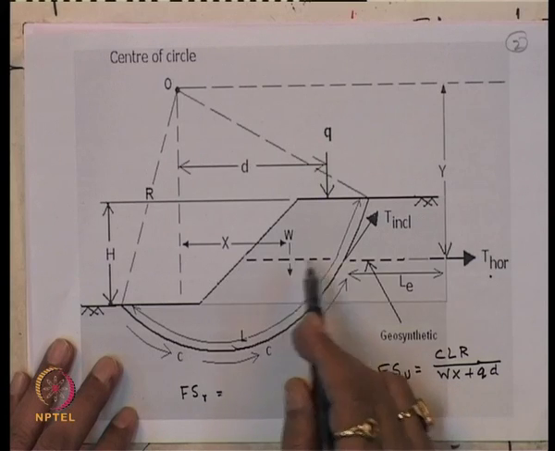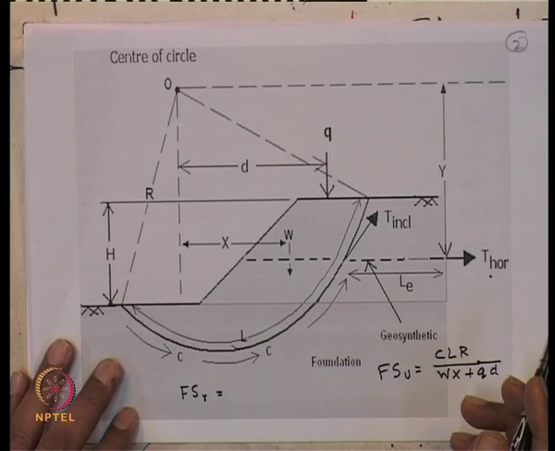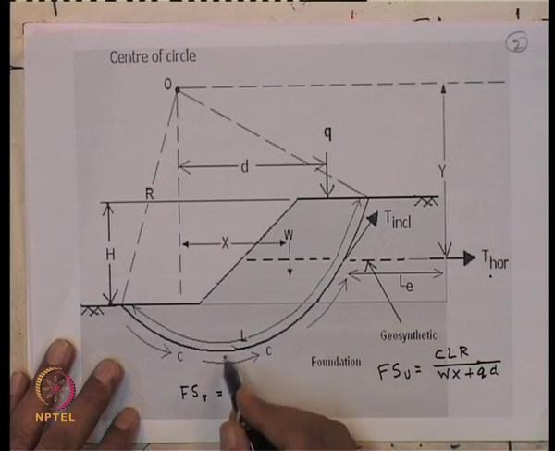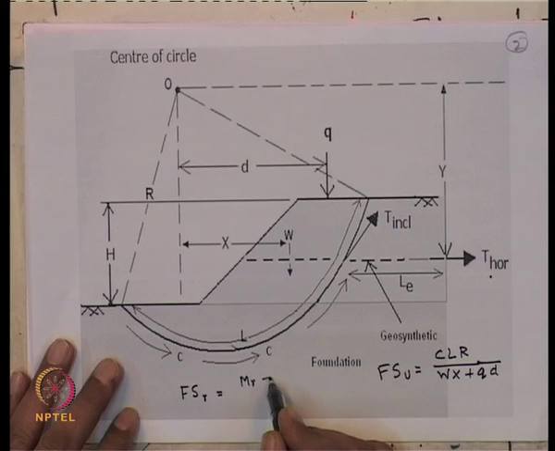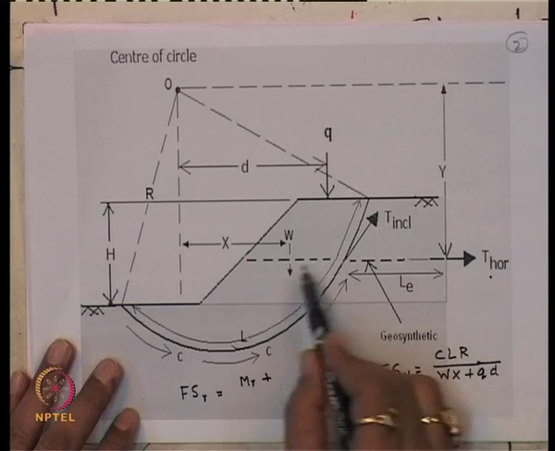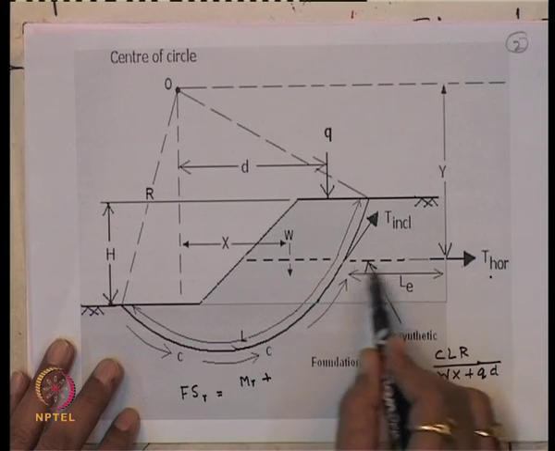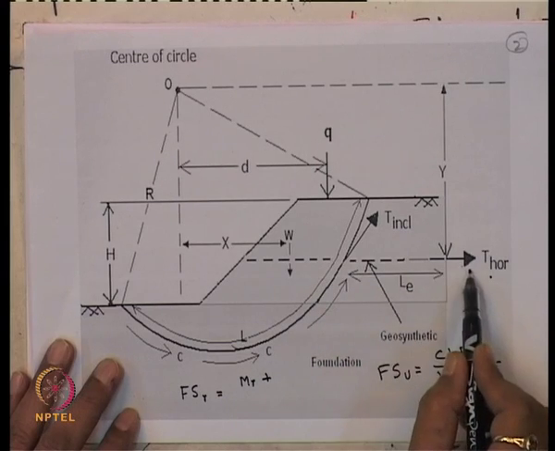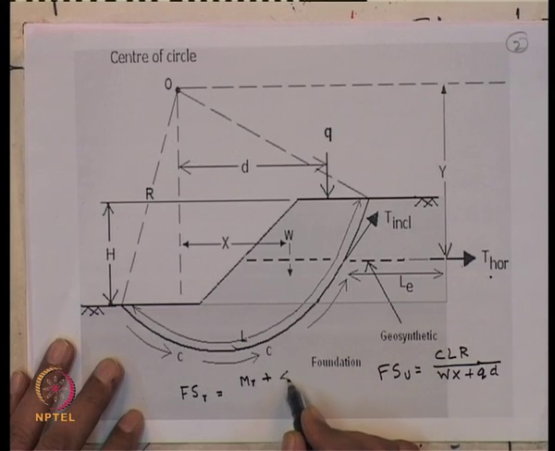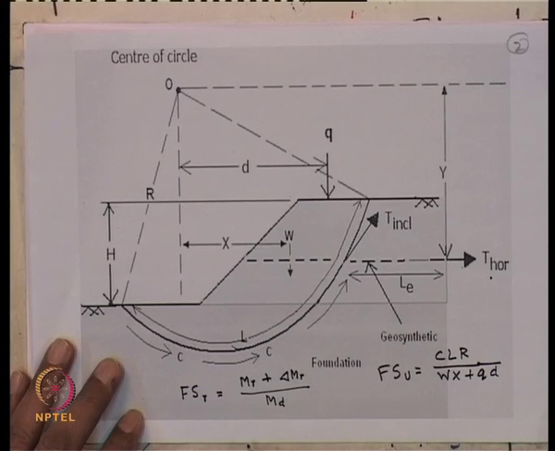So, there is a resisting moment and also the driving moment. The resisting moment is M_R in the unreinforced case, plus the resisting moment due to the introduction of the geosynthetic material. Let us say this resisting moment increase is delta M_R, divided by the driving moment M_D.